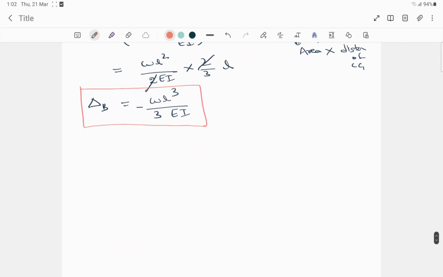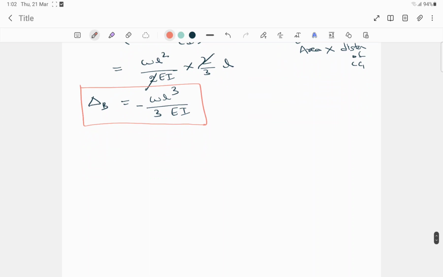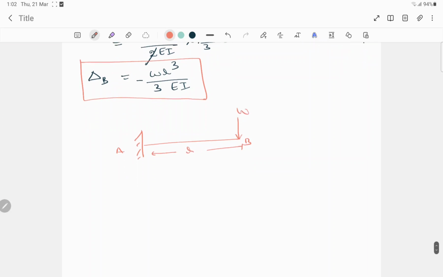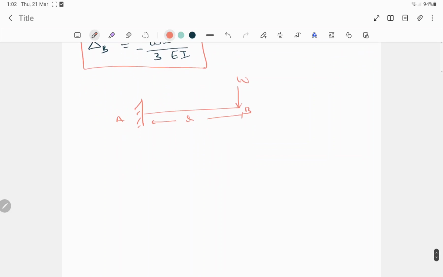And here the last step is to draw the elastic curve. Our question was a cantilever beam where at this end one point load is acting. So our elastic curve diagram will be here.